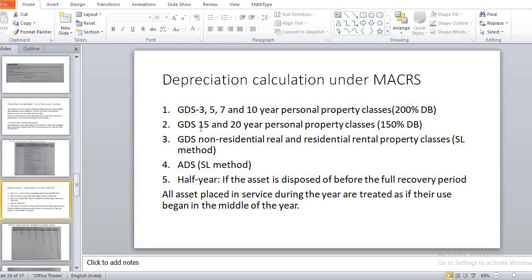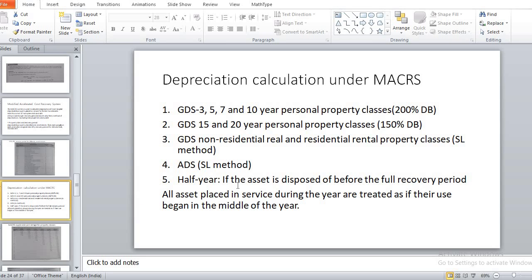For GDS class life of 15 and 20 years, we use the 150% declining balance method. For GDS non-residential real and residential rental property classes, we use the straight line method. For the ADS system, we use the straight line method, as we discussed earlier.